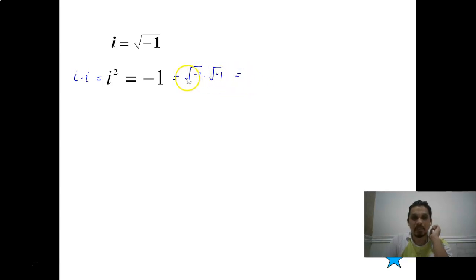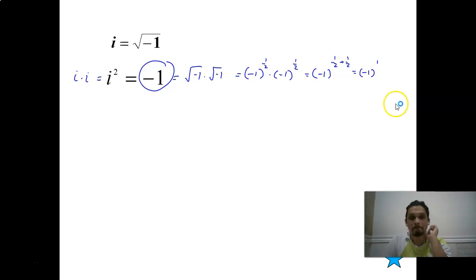Okay, we change it into indices form, which is negative 1 to the power of half, times negative 1 to the power of half, so then half plus half. Then we get negative 1 to the power of 1.